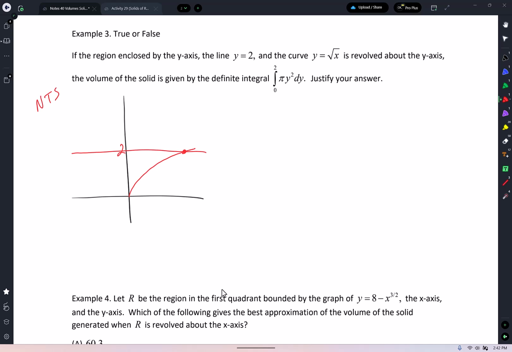And it's enclosed by the y-axis. So they're talking about this region right here. And I'm rotating this about the y-axis. So if I rotate it about the y-axis, it's going to look like this. Oh, this is going to be so awesome.